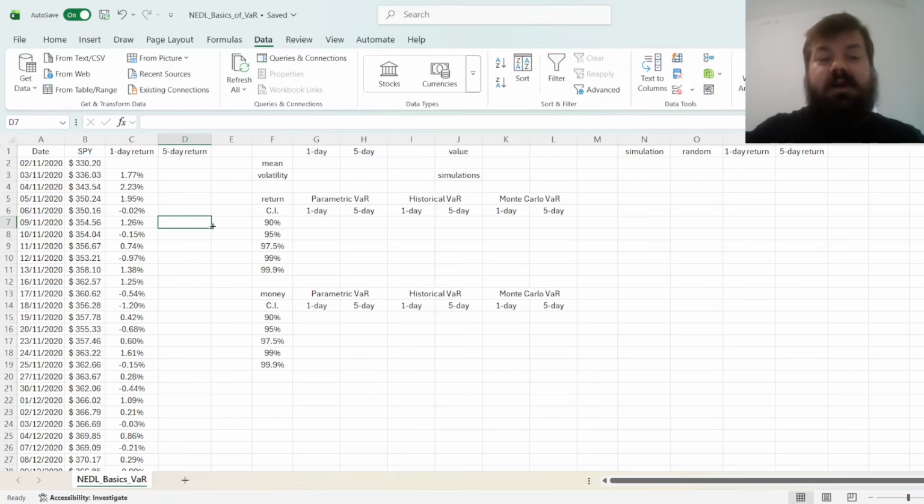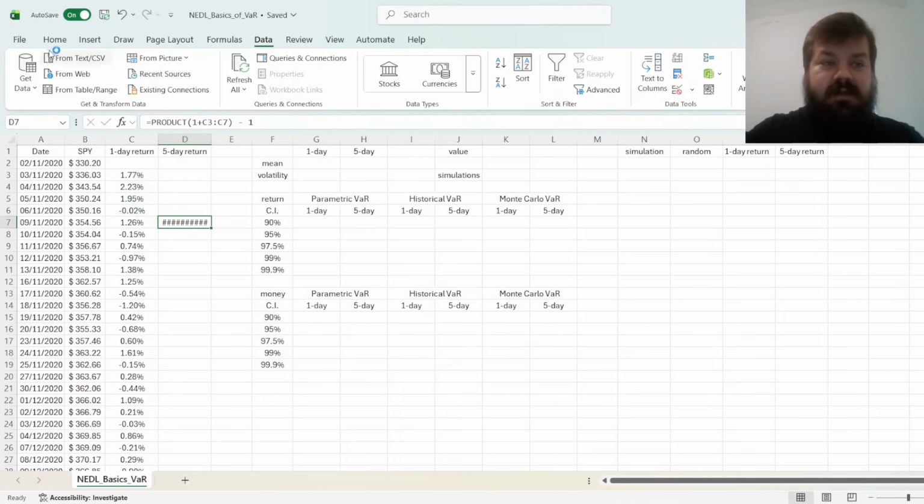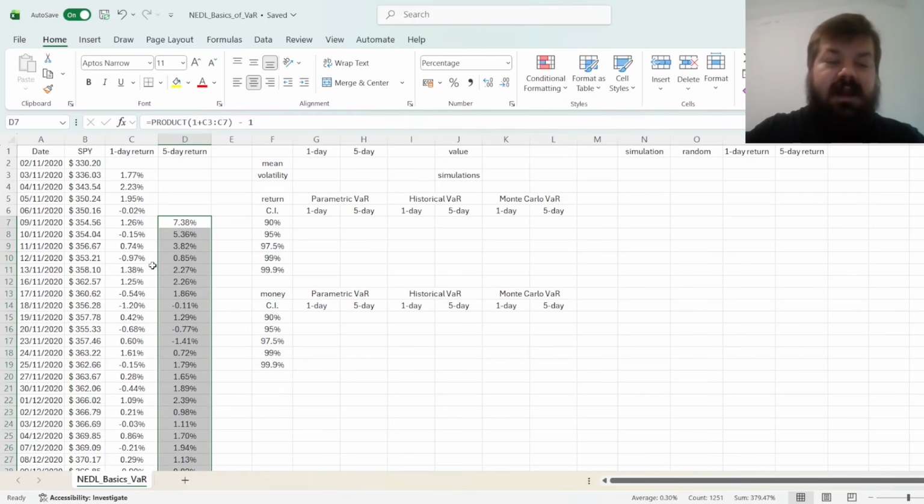So the way of calculating holding period returns, keeping in mind the continuous compound nature of returns, is to use product 1 plus, refer to the 5 daily returns, and subtract 1. That would give us the understanding that over the first 5 days, the holding period return has been 7.38%, and again, an extension of it would apply it to the entire sample. It will have 1251 overlapping 5-day holding periods.